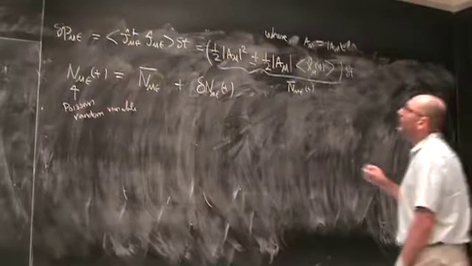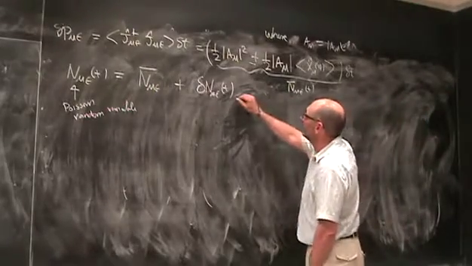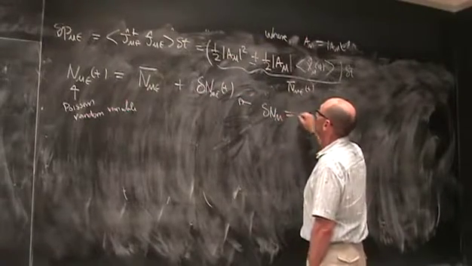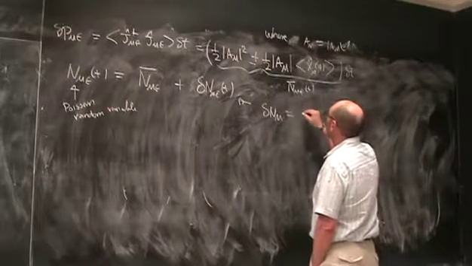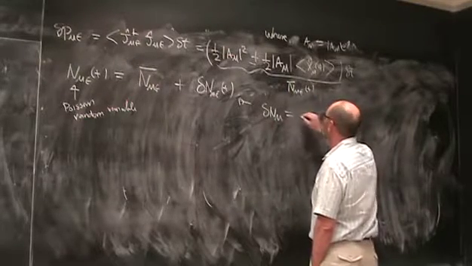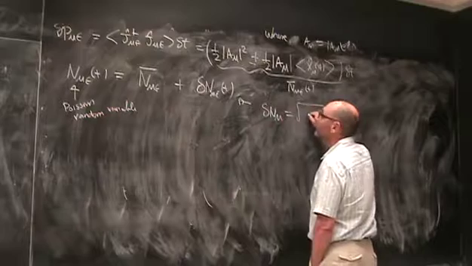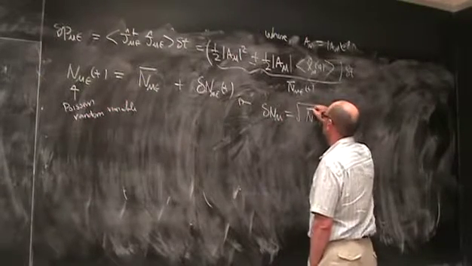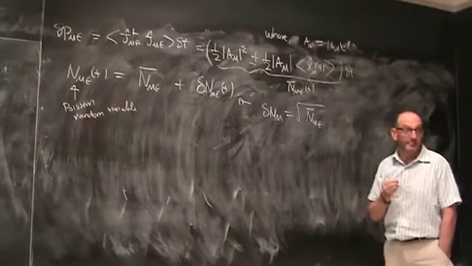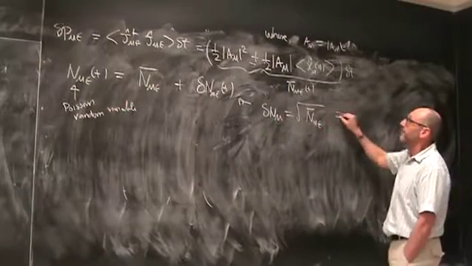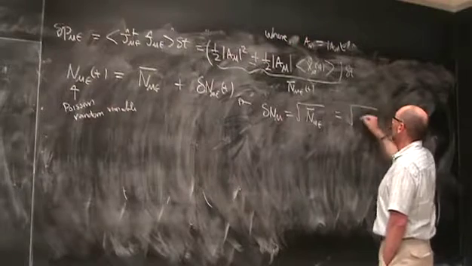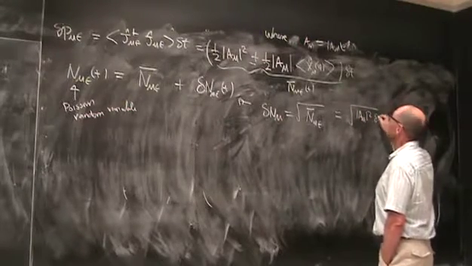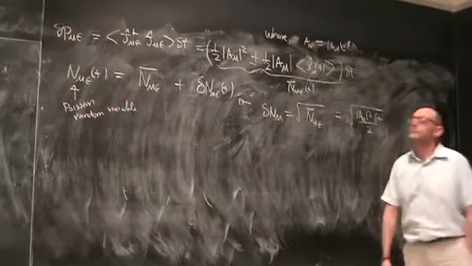So the fluctuation in this thing, if it's Poisson, is equal to the square root of the mean, and that's then equal to the square root of mu squared over 2 delta t.